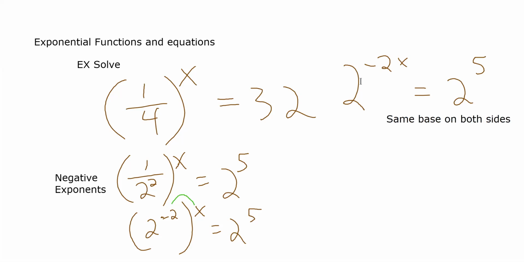Thus, the only way that this equation is going to be true is if their exponents end up being equal. That way, in each case, I'm raising the number 2 to the same power on both sides and thus getting the same thing on both sides. So I need to have their exponents equal.